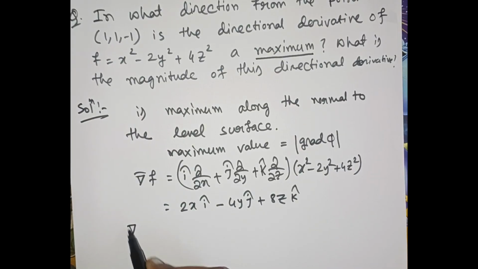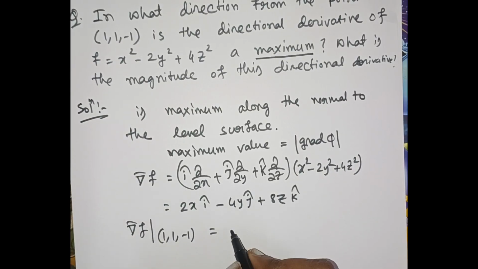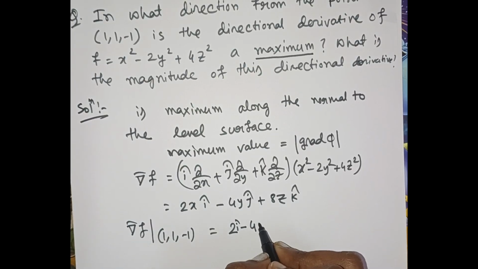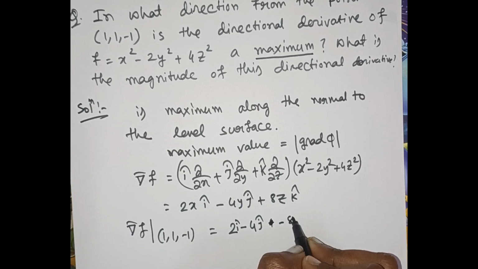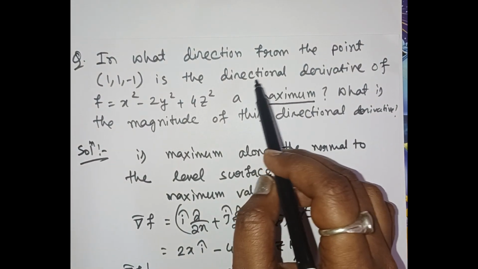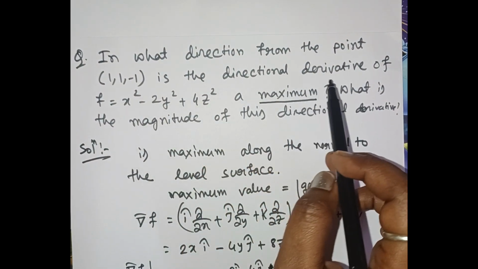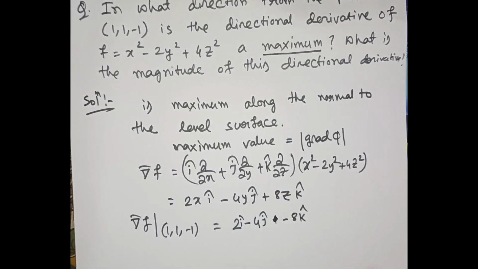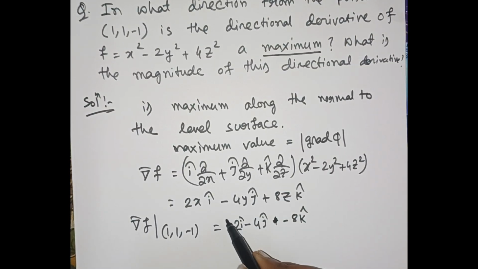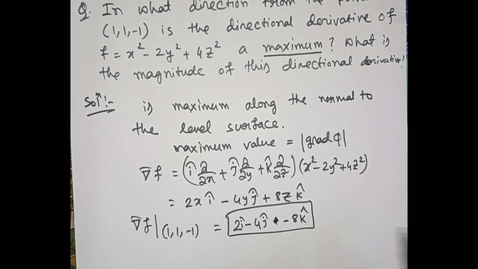So grad f at (1, 1, minus 1) equals 2i minus 4j minus 8k, and this is the required direction from the point. This is where the directional derivative is maximum. So this is our required direction.